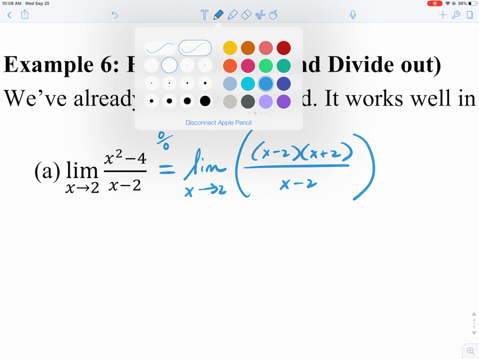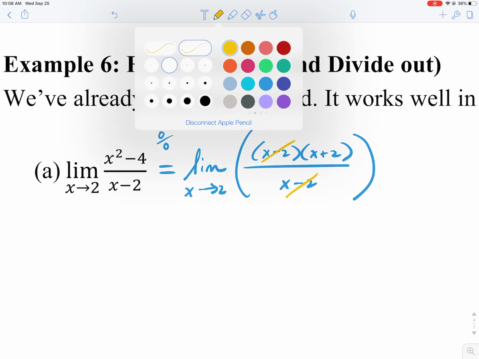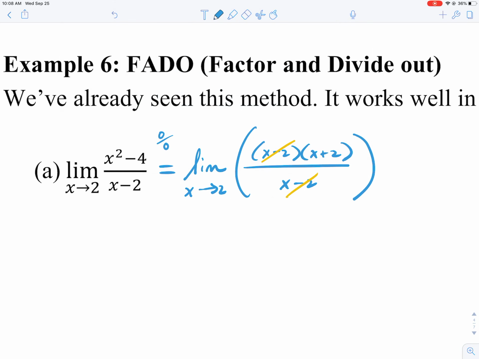Okay, and then I can see that those x minus 2's are what's causing the 0 over 0. And I would know that, actually. Like, if you couldn't figure out what that factored to, you know that x minus 2 is going to have to be the common factor in the numerator and denominator, since you ended up with 0 over 0.